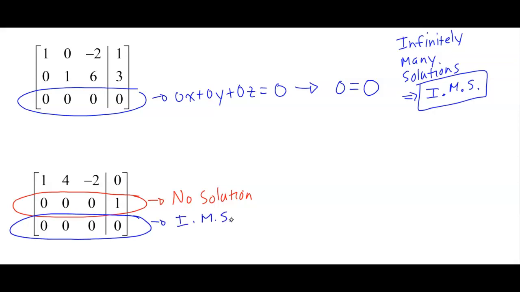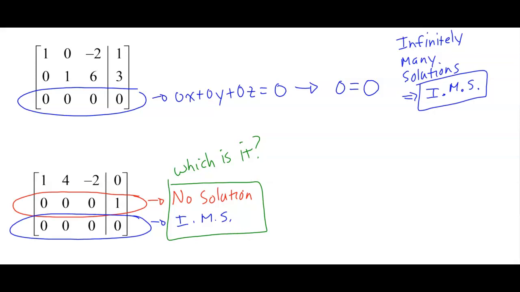So a pretty natural question would be, which one wins? Which is the proper answer? You can't have both. I mean, if there's infinitely many solutions, then there's no solution.